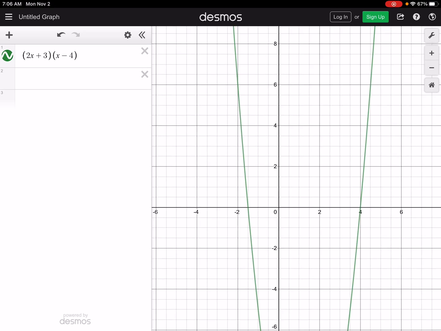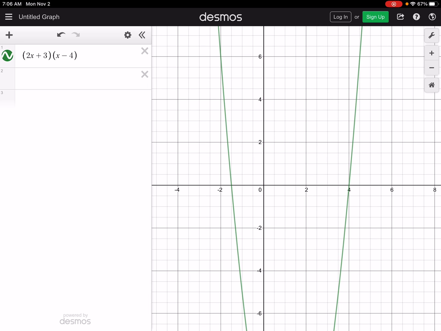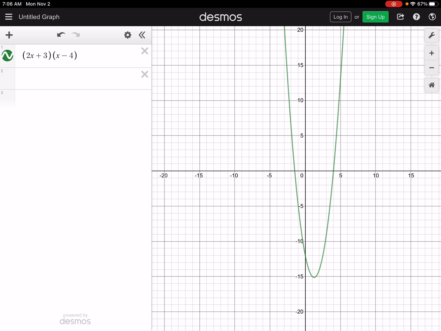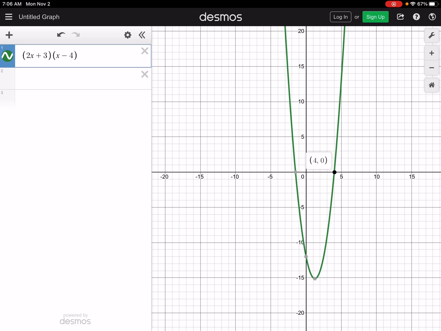Okay, and we can see that the x-intercepts are, in fact, negative 1.5 and 4. So another way of looking at solutions to quadratics, it's points where the graph is going to cross the x-axis. In this case, it crossed at 4 and negative 1.5.